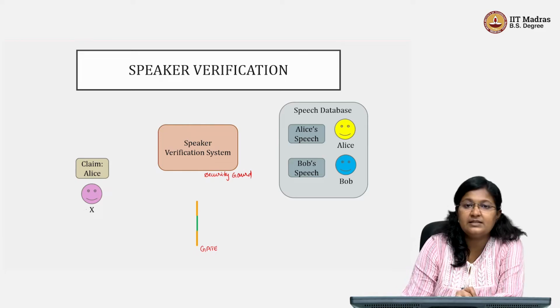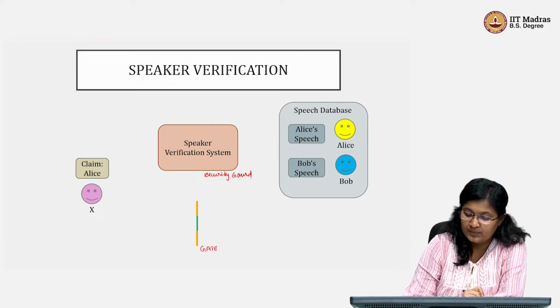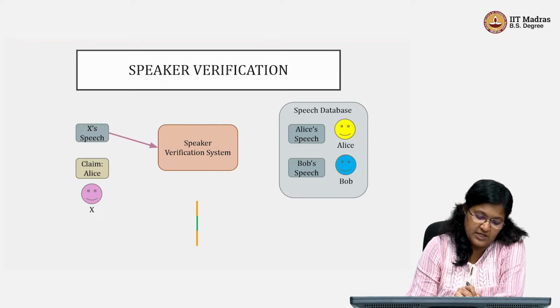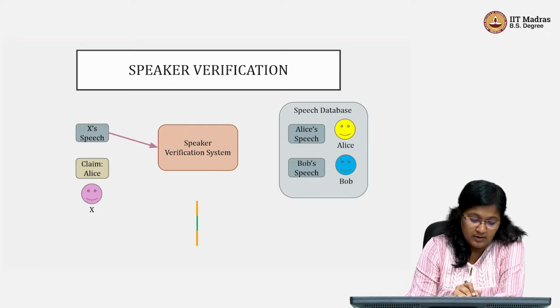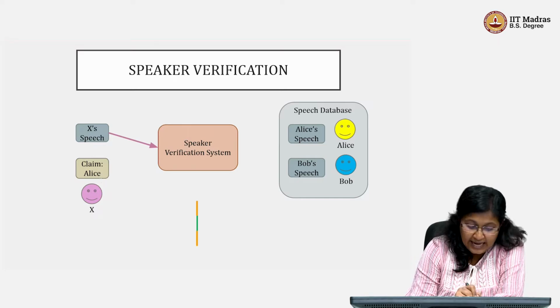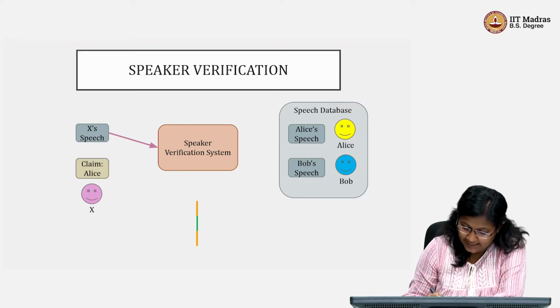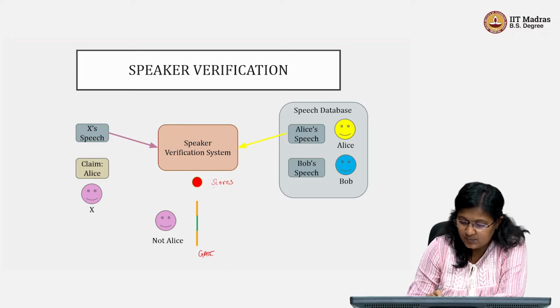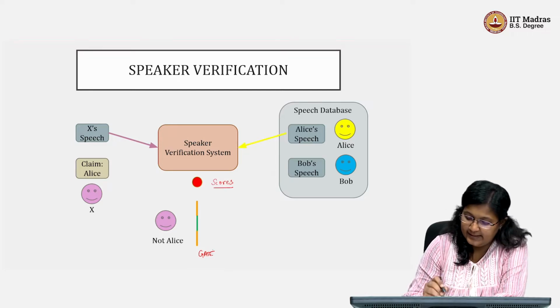This unknown person claims that he or she is Alice. Because it is a speaker verification system, we'll take the speech of this unknown person, and because this person claimed that he or she is Alice, we'll take the speech of Alice, compare and generate some scores, right? And this is like a gate.